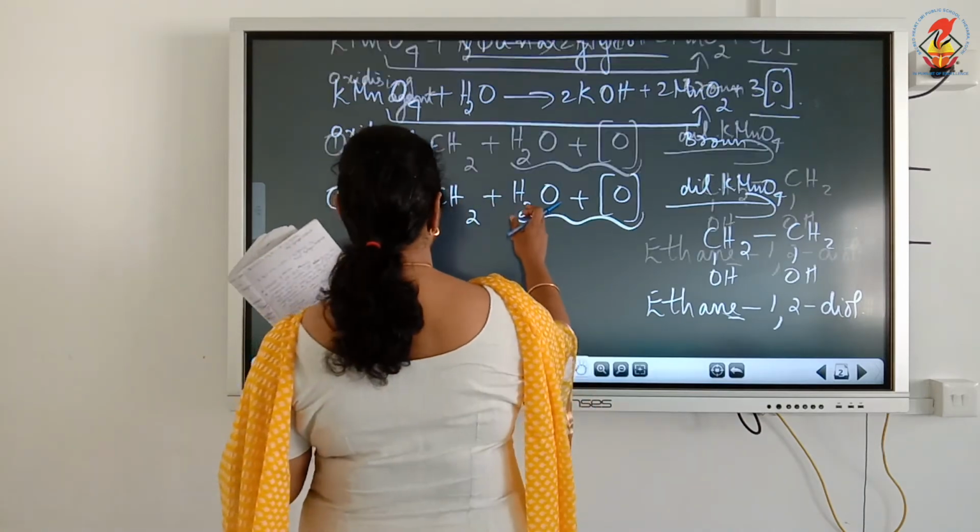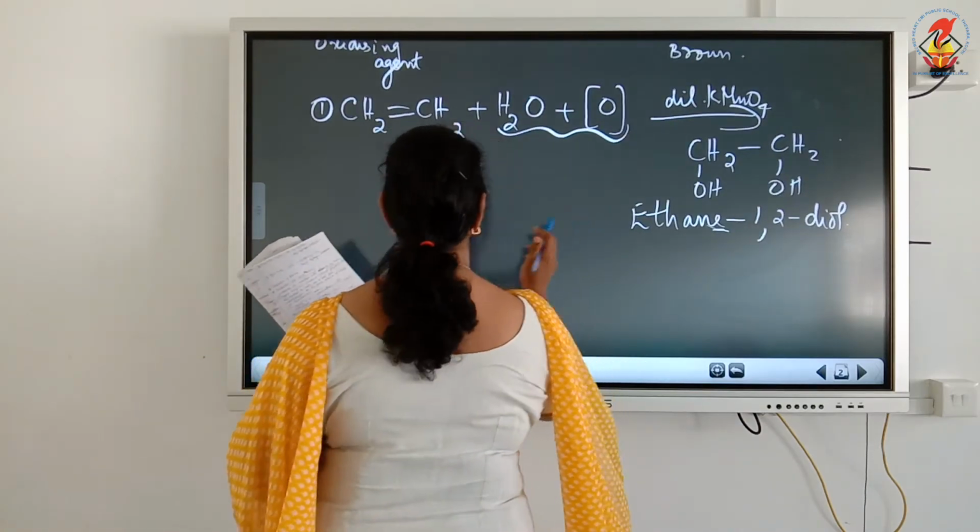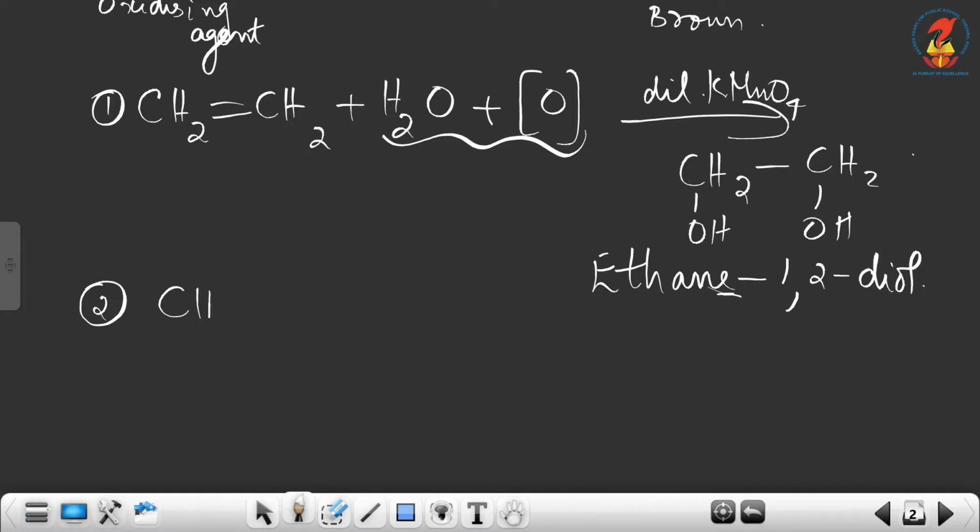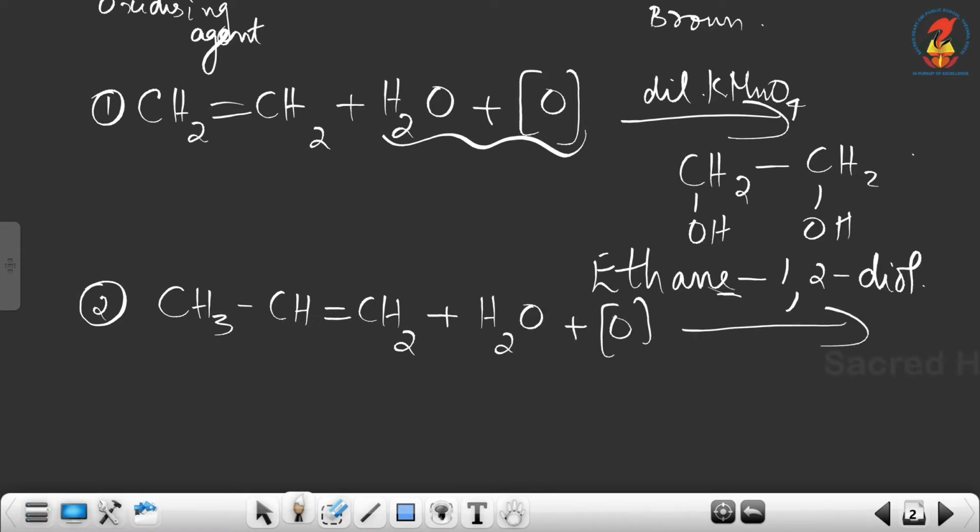Now next example is CH3CH double bond CH2, propene, plus H2O plus O in presence of dilute KMnO4. Here also the double bond breaks and OH will get added to the carbon atoms. So what will be the product?